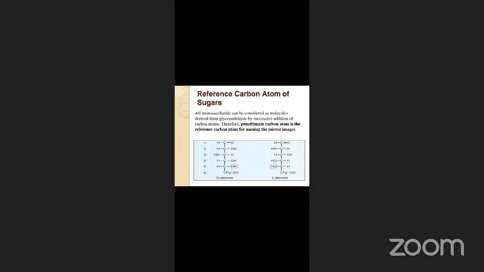All monosaccharides are derived from glyceraldehyde, and the penultimate carbon atom is the reference carbon atom for naming the mirror images. In glyceraldehyde, as I already told you, OH is on the right hand side and H is on the left hand side, so we have given D and L. For glucose and larger molecules, you will have more carbons. Then how will you assign L and D?